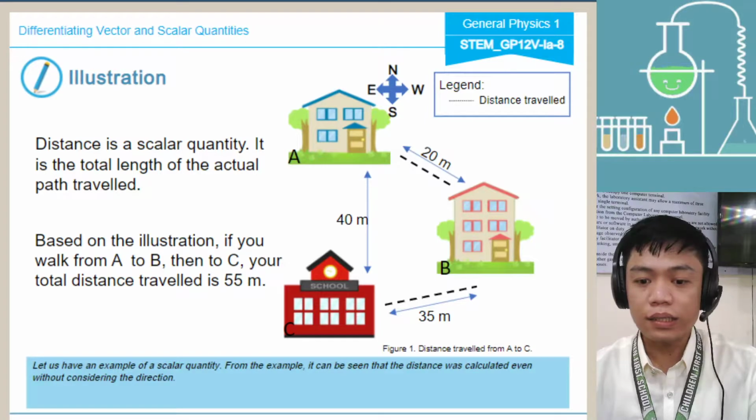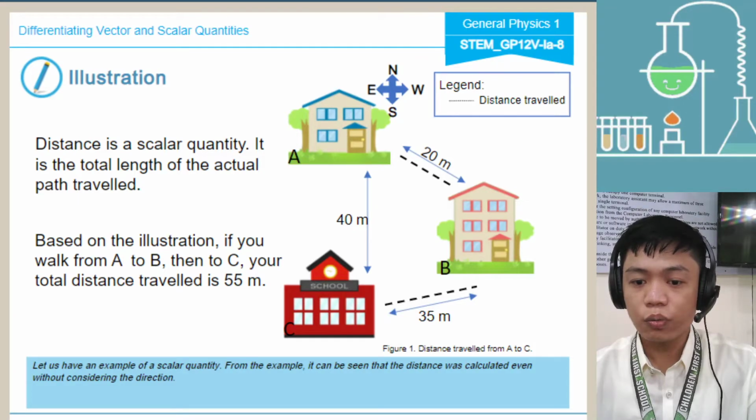The distance is a scalar quantity. It is the total length of the actual path traveled. Based on the illustration, if you walk from A to B, then to C, your total distance traveled is 55 meters.